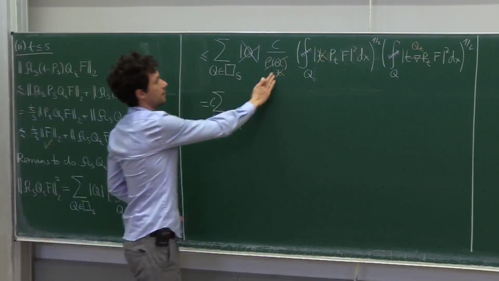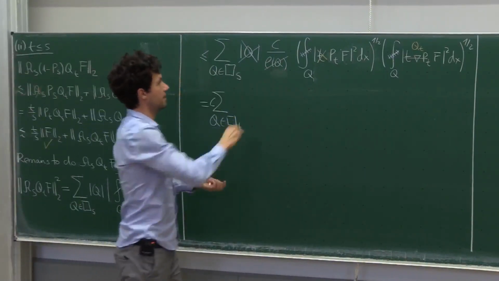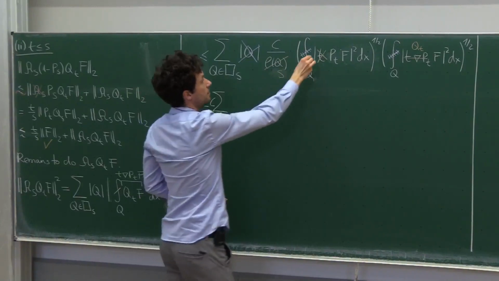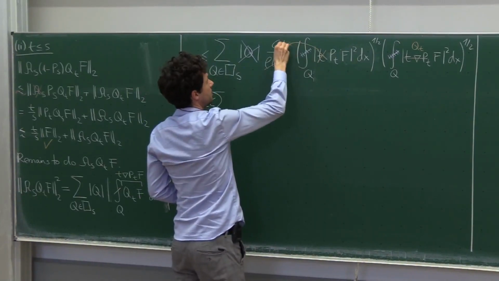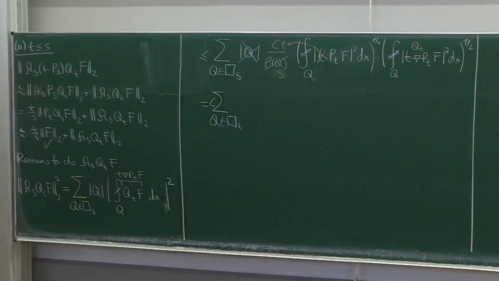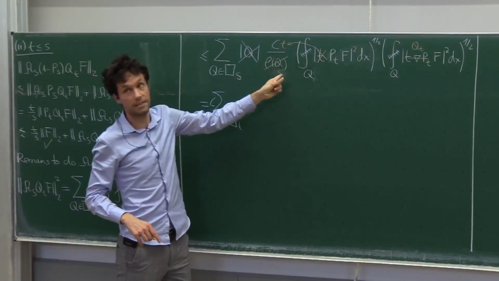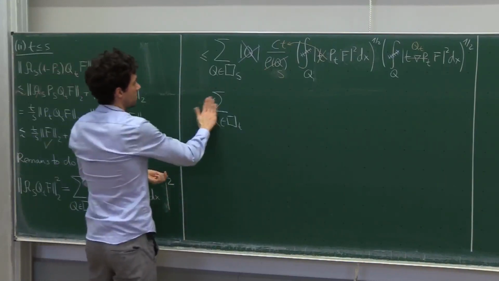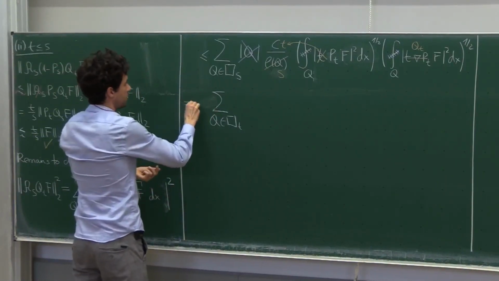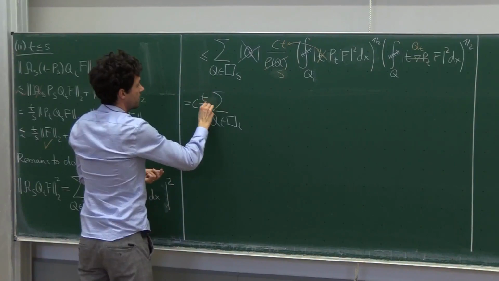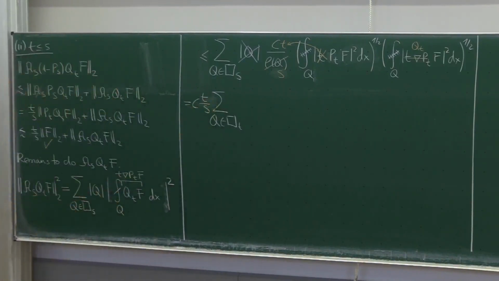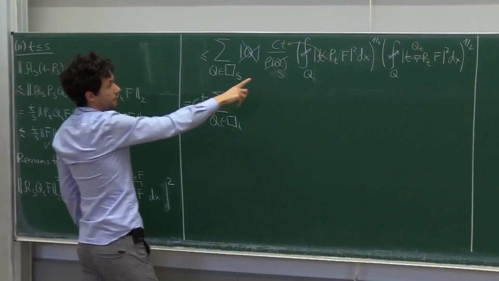So the length was an s. So this t went out as a t. You agree? There were cubes of side length s, so the side length is s, but this was a t, so the t comes out, it gives me t over s. So it gives me a constant times t over s. T over s is something that I like. I should not get rid of all the dependencies. Okay, so t over s goes there, but the rest was okay.